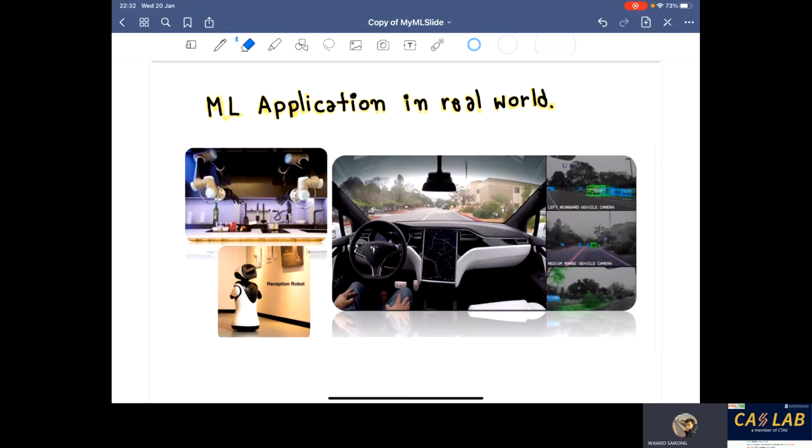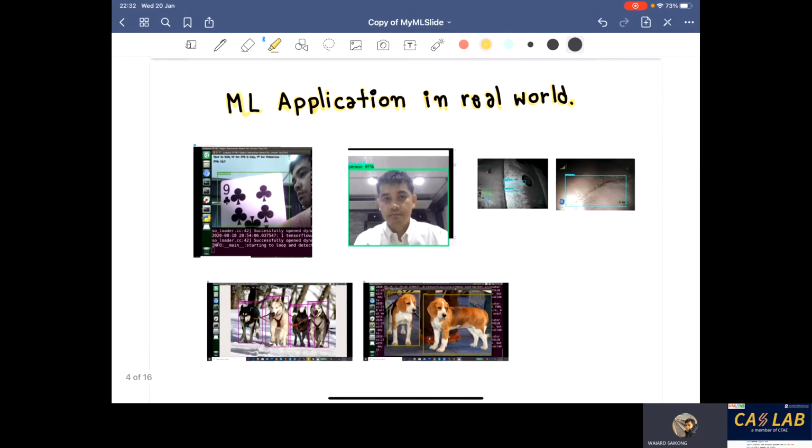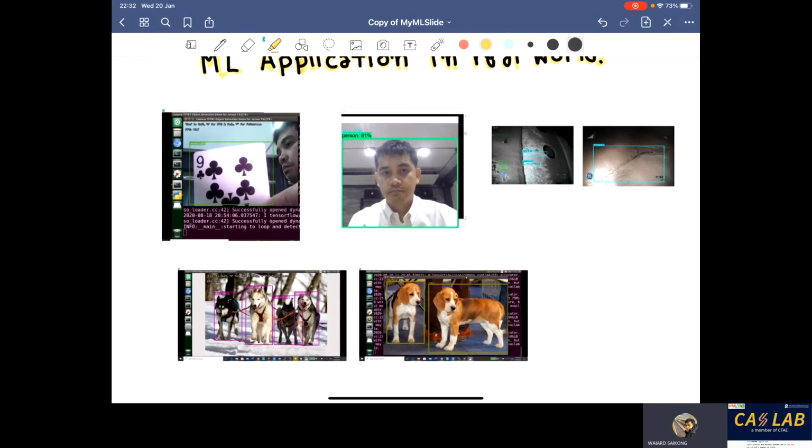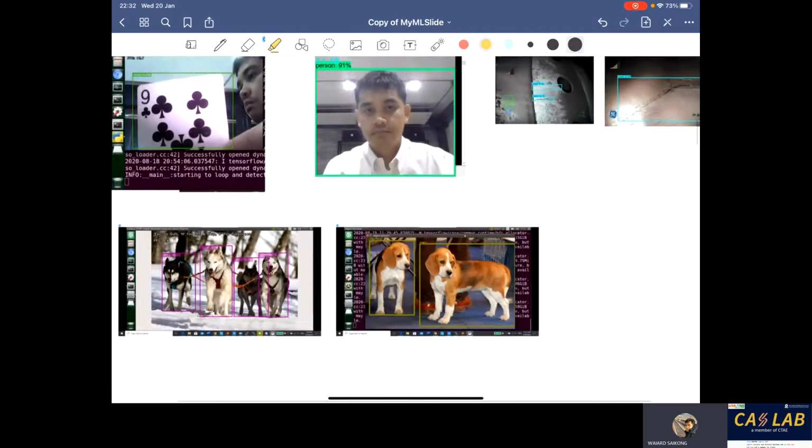This is autonomous driving vehicles, automatic robots, and cooking robots, remote sensing, medical diagnostics, okay, this is me, object detection and recognition, face detection, crack detection, and object classification.